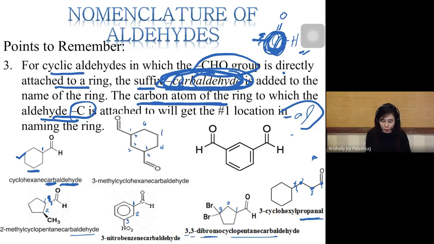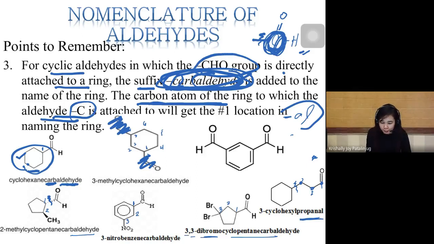So, dicarbaldehyde ang atong gamiton, no? This time. Okay. So, this is cyclohexane. I-name ninyo ang ring. As if wala pa name. Di ba? That is cyclohexane. Then, position.